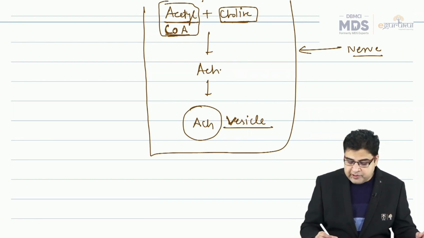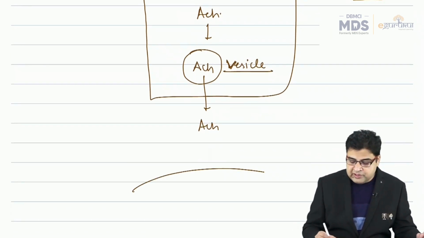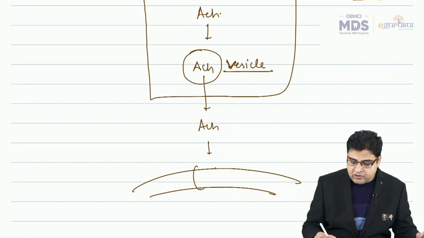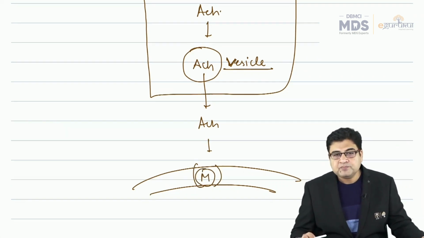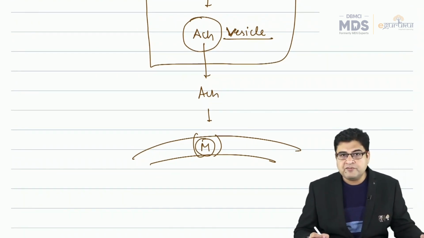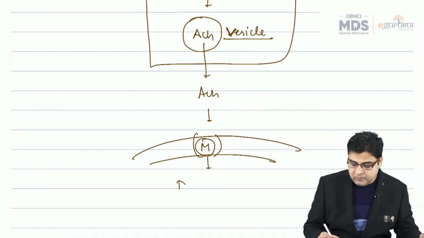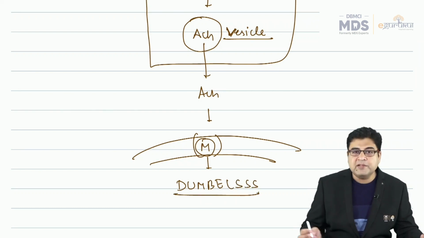Now whenever the body requires, this acetylcholine is released, and when it is released, it will act on a receptor. The name of the receptor is the muscarinic receptor, present on the surface of the organ, and ultimately the actions that we have discussed already will take place, that is dumbbells.